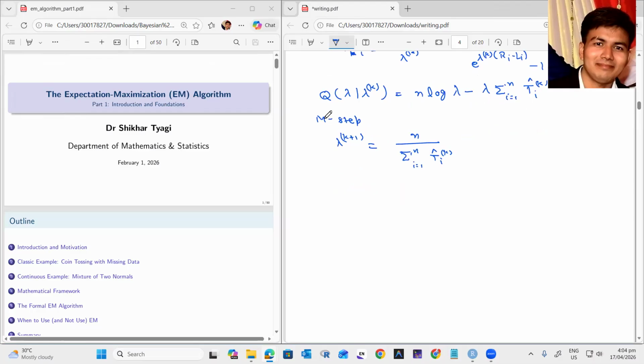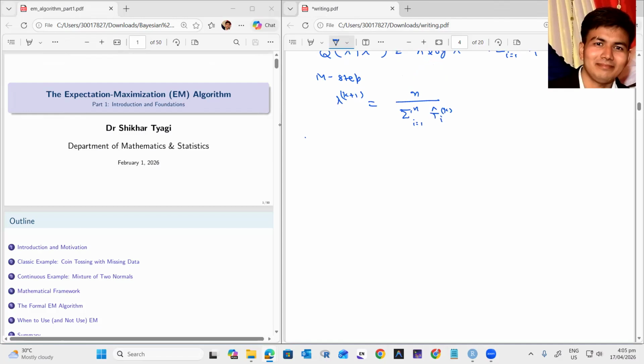In the example, consider n equals 5 subjects with interval censored observations, such that the 5 observations are between 0 and 1, between 1 and 2, between 2 and 3, 3 and 4, and 4 and 5.